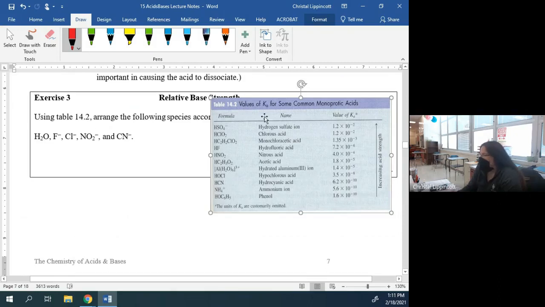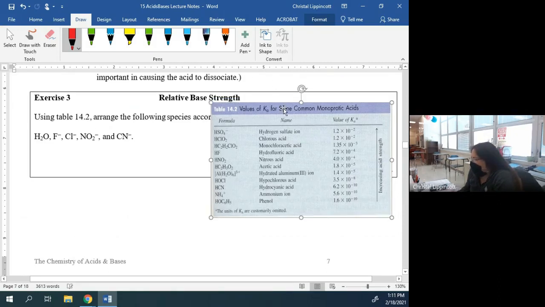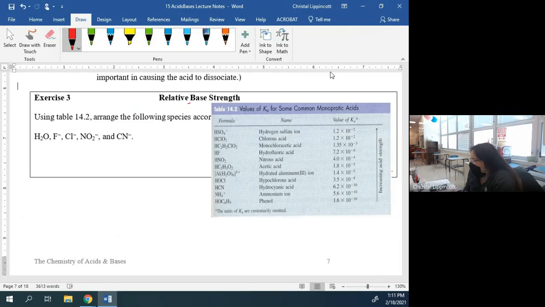Now, they're asking me to look at relative base strength here. Okay? Base strength. Base means we're in the land of what? Kb. But this gives us Ka. Okay? So we could convert to Kb. We have a conversion for that. I will teach you that. It's coming.